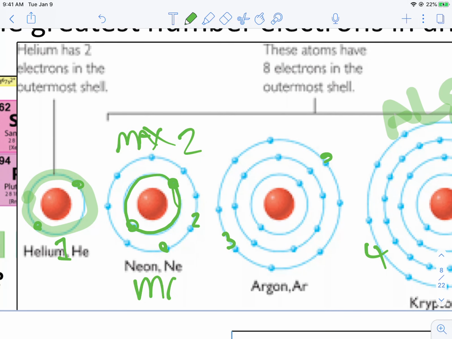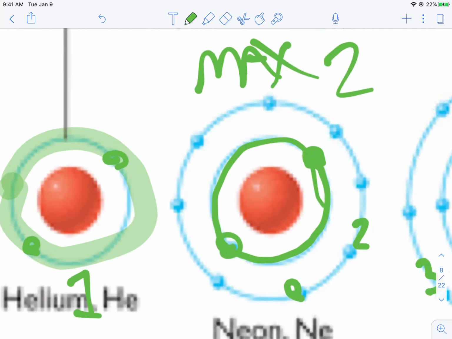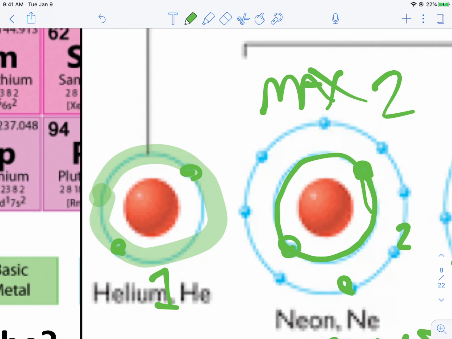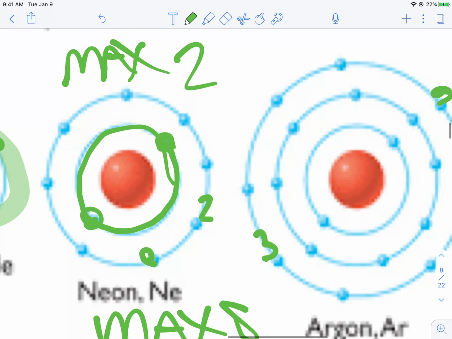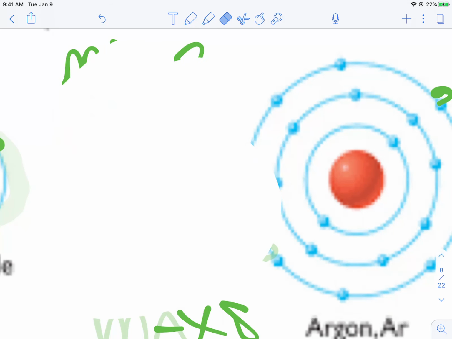The max beyond the first subshell is 8. So helium is put in group 8 because it's filled up its only shell. Whereas these other guys have done the same thing. They can just hold more than 2 electrons, which would be 8, because they have more than one subshell. Now, if you don't get that, that's totally normal.